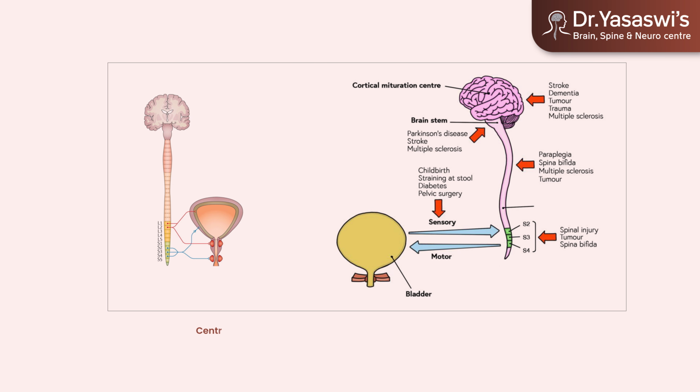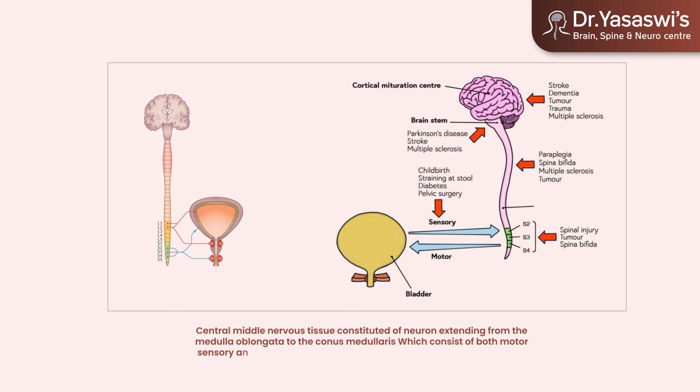Apart from it, you have a central nervous tissue constituted of neurons extending from the medulla oblongata to the conus medullaris, which consists of motor, sensory, and autonomic fibers that control your motor movement, carry sensory fibers to the brain, and also carry bladder functions.